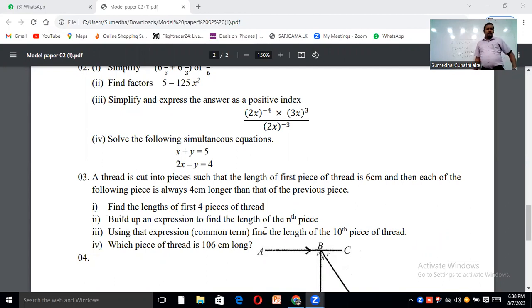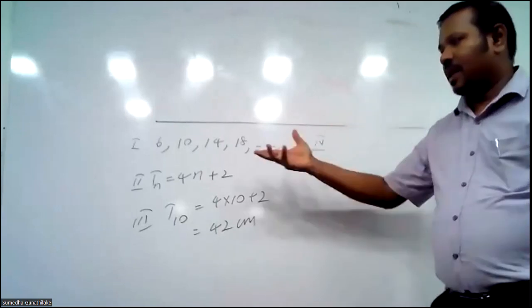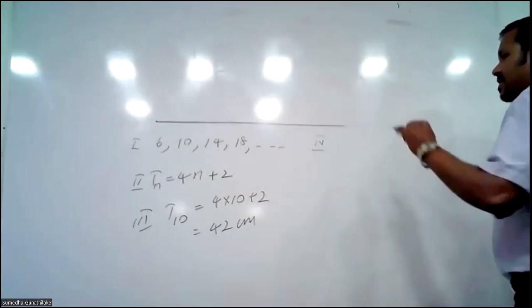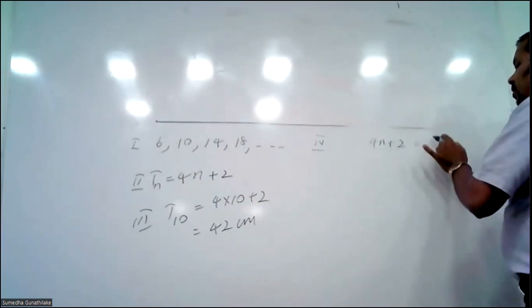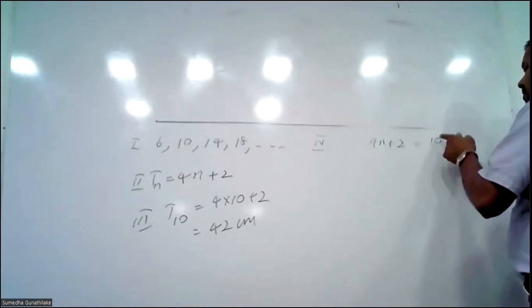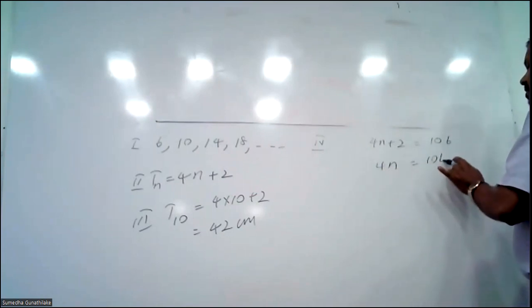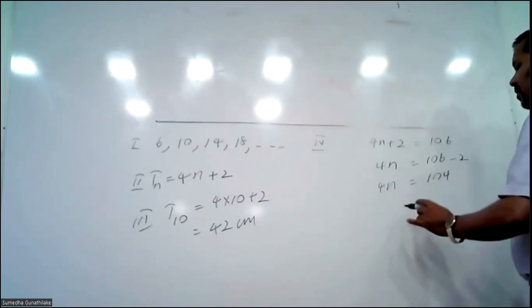Which piece of thread is 106 centimeter long? That is something like 106 is which term of this pattern? Right? General term of the pattern, 4n plus 2. That should be equals to 106. Right? Then 4n equals 106 minus 2, 104.